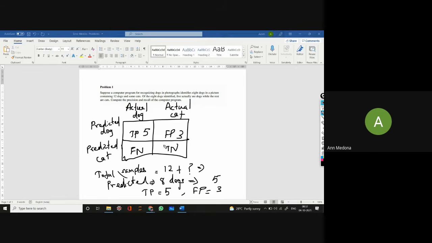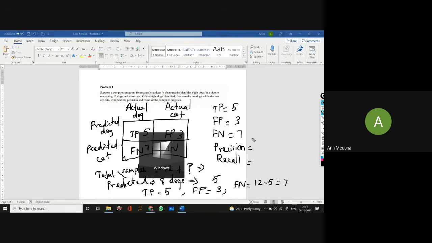And false positive and true negative added correspond to the category cat. In the given data we have totally 12 dogs, so the total value is equal to 12. So we can easily calculate false negative. False negative will be equal to 12 minus 5, which is 7.